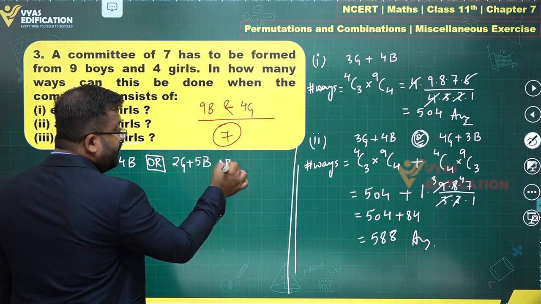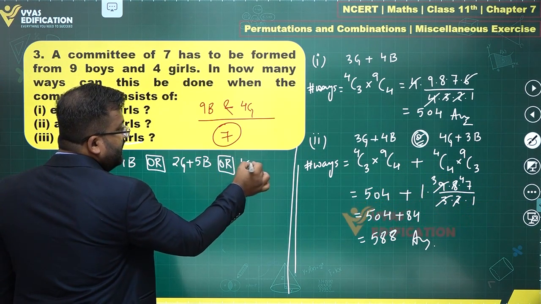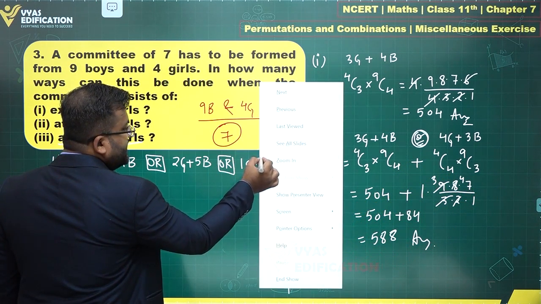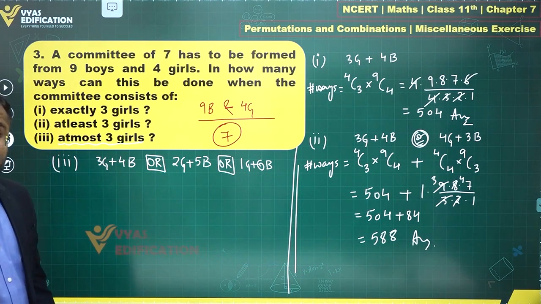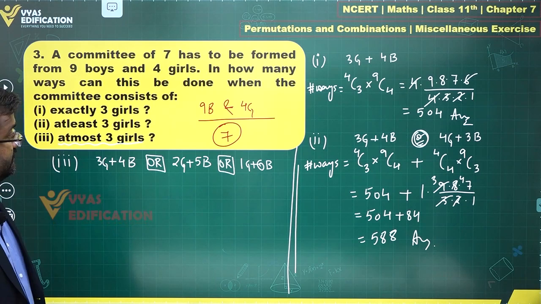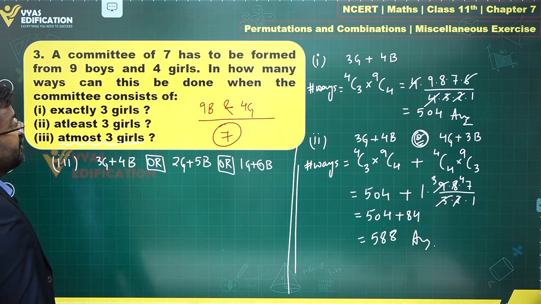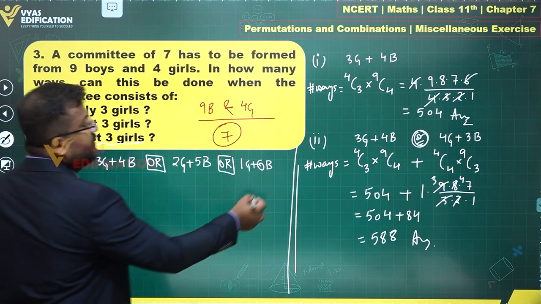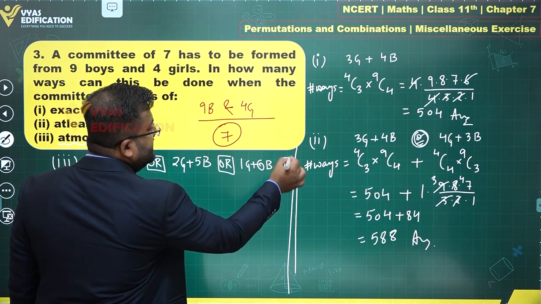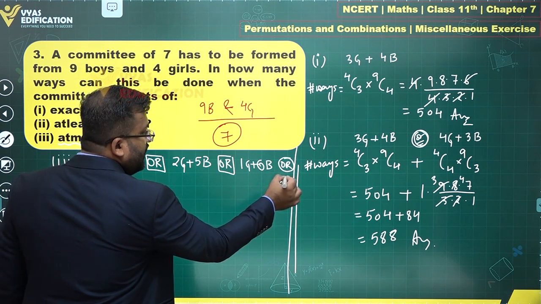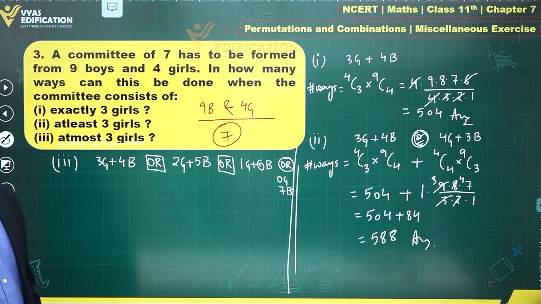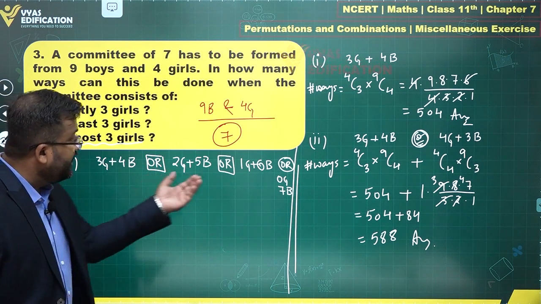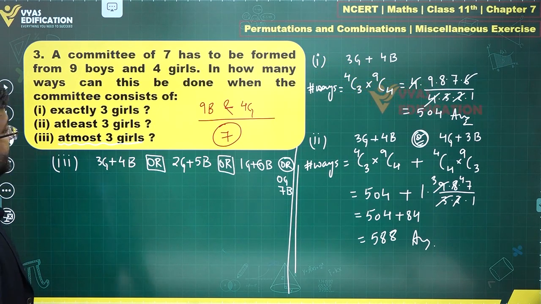Or for that matter, you can select even fewer girls, 1 girl plus 6 boys. Is that possible? You have a total of 9 boys. Yes, that is also possible. Or you can select 0 girls and 7 boys as well. That's another way of selection, right? So there will be 4 different cases in this manner.